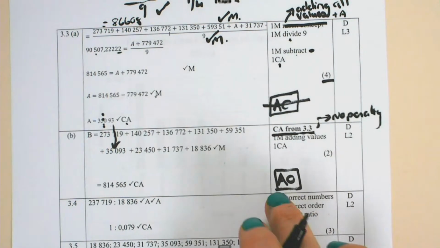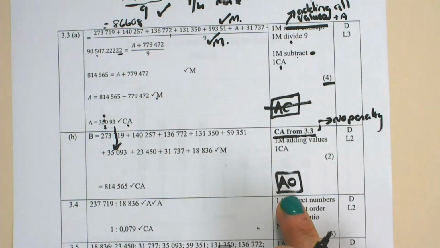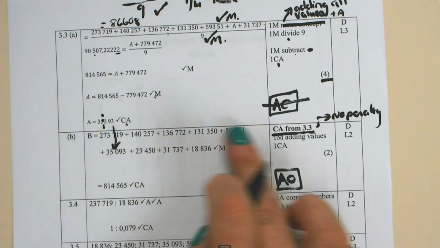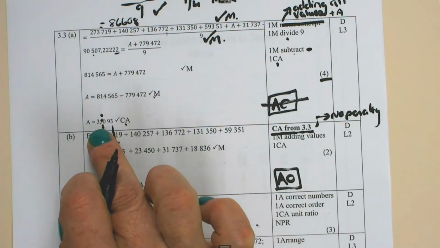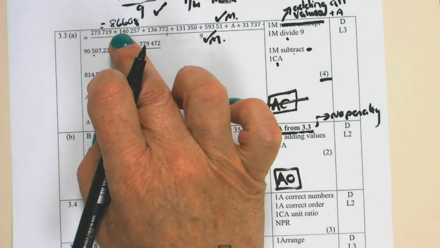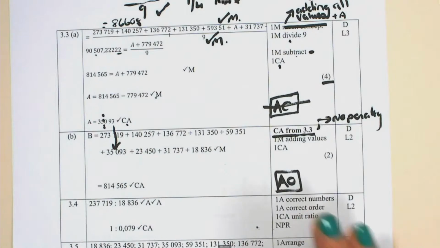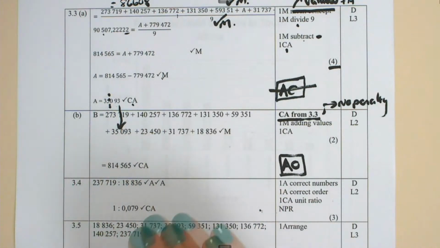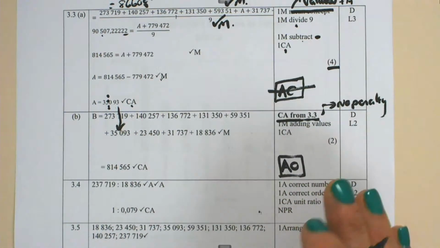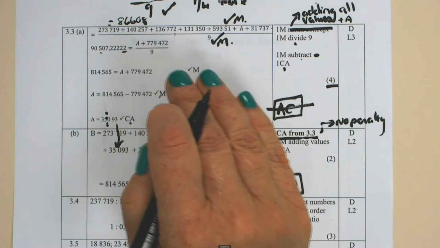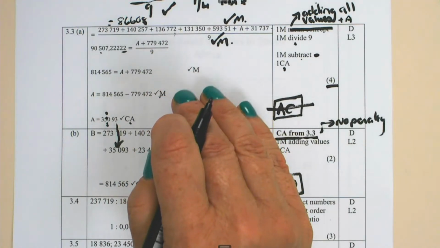Even if they write the answer only, you must go and add all the values, and then instead of 350,93, you must add 86608. And if the learner did not make a mistake, the learner can get the full 2 marks. The learners cannot be penalized because they could not do 3.3a.